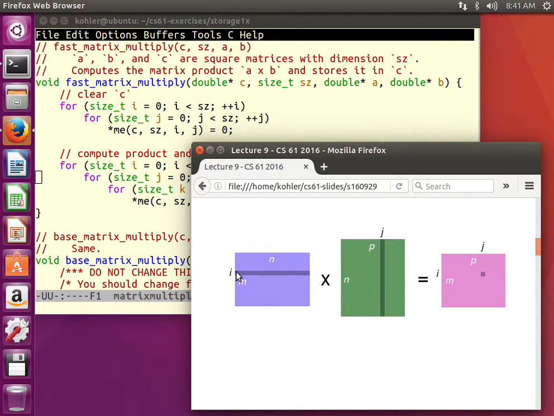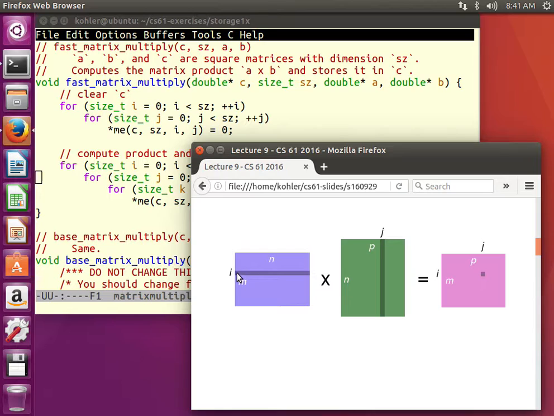So, in the left-hand matrix, we do A[i][0] times B[0][j]. Notice the way that j is a column and i is a row everywhere it appears.